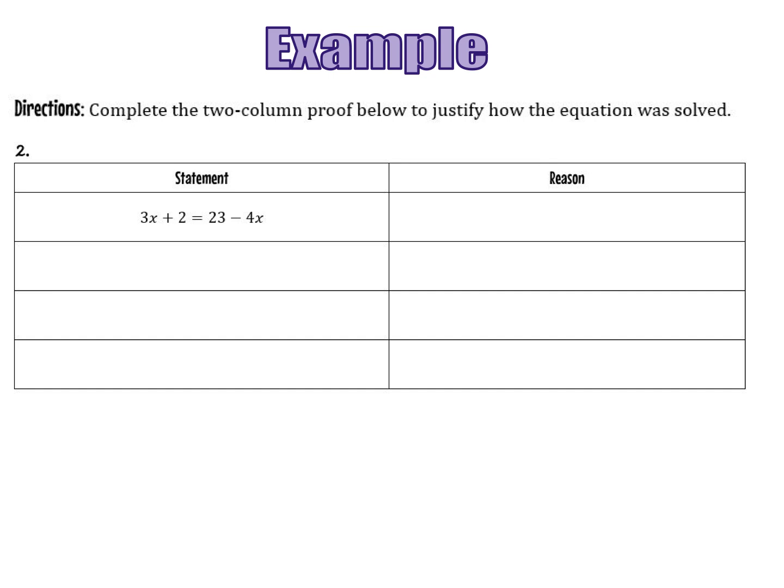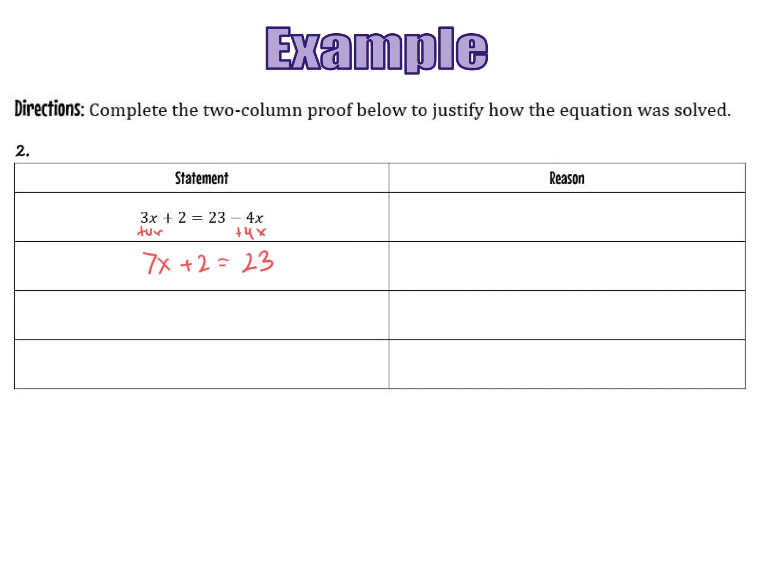So what I mean by that is if your first thought is I'm going to add 4x to both sides, I don't want you in the box down here to write plus 4x on both sides because this box should just have what happens after you do that. So if your first thought is, I want to add 4x to both sides, you can do that up here, but in the next box should be what you get when you do that. So 7x plus 2 equals 23.